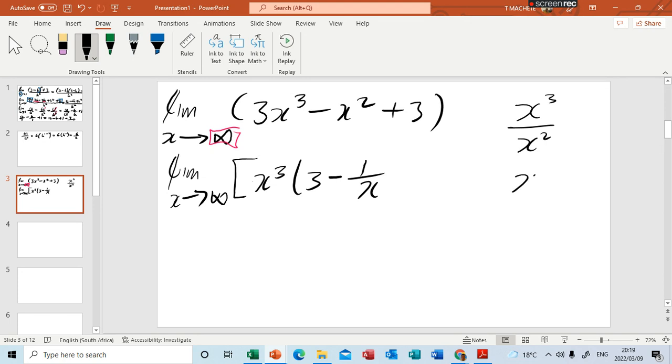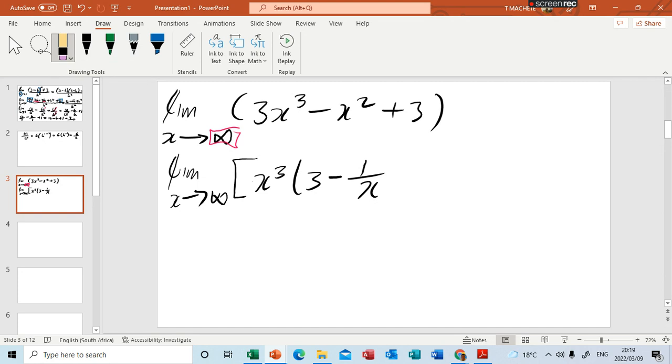Look at this. x cubed over x is gonna give you x squared. Do you guys understand it? Hey, we are going deep now.